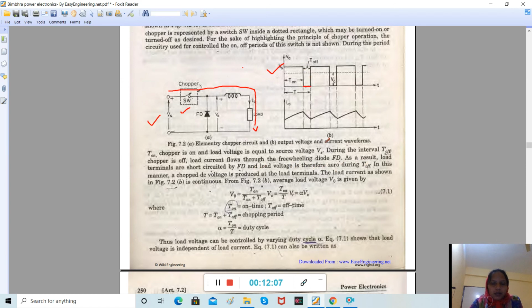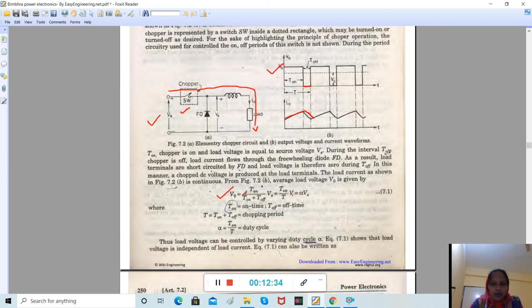The load current waveform is like this. It is a continuous waveform. During T on, current rises like this. During T off, current decays like this.